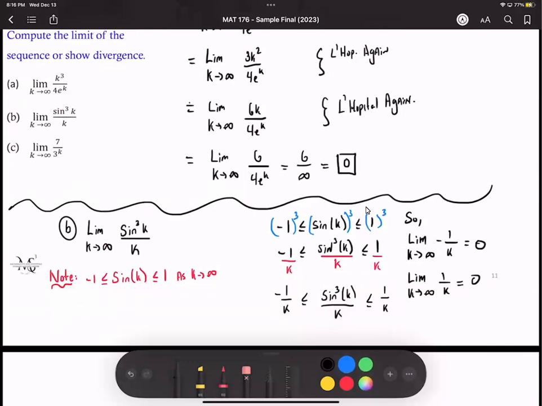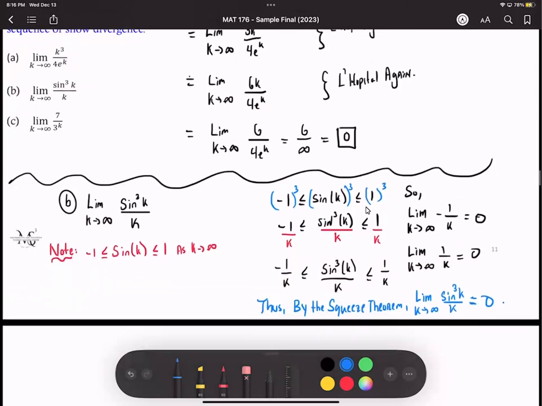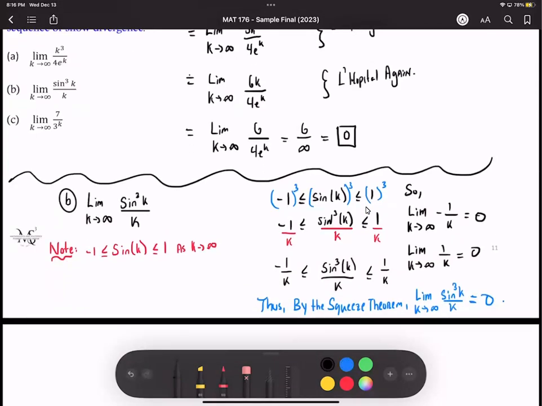Lastly, I'm going to write underneath here: thus, by the squeeze theorem, we have that the limit as k approaches infinity of sine cubed k over k is also equal to 0. And that's the solution to part B. So in part A, you had to use L'Hopital's rule. In part B, you saw that you can use the squeeze theorem.